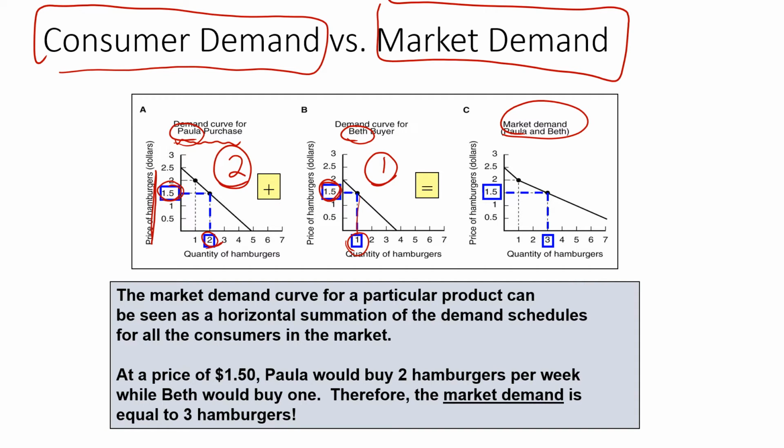That means if Beth and Paula were the only 2 people in the entire market of buying hamburgers, the market would be at 3 hamburgers for that $1.50 price. 2 plus 1 equals 3. So obviously there's more than 2 people in the market for purchasing hamburgers, but that just simplifies how we add up everybody's demands to figure out what the market demand is. So the market demand is a bigger picture of all consumers' needs.